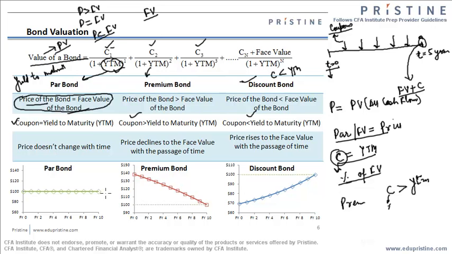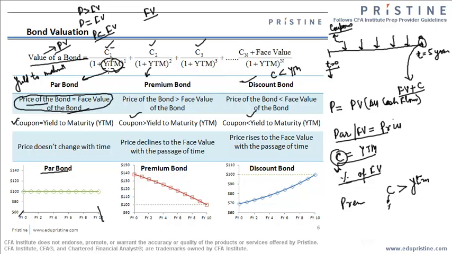Here I'm assuming there is no change in the yield to maturity or the interest rate in the market. Suppose I have a bond of 10-year maturity. In the case of a par bond, as time passes, the price remains fixed if nothing is changed in the market.